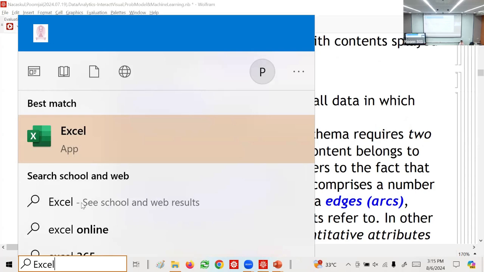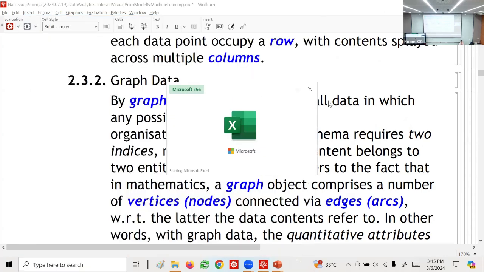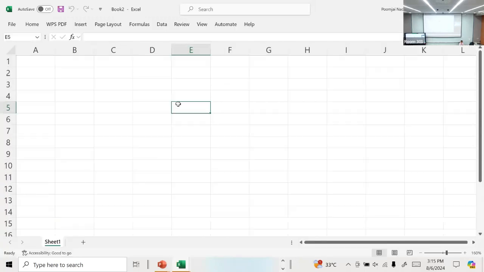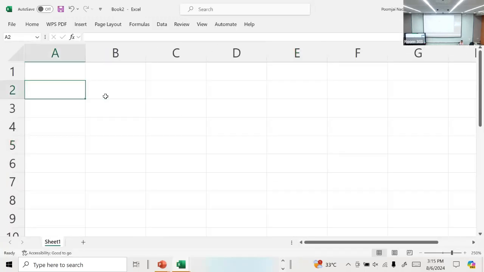Okay, I'm just going to make something up. This is what the table looks like, right?